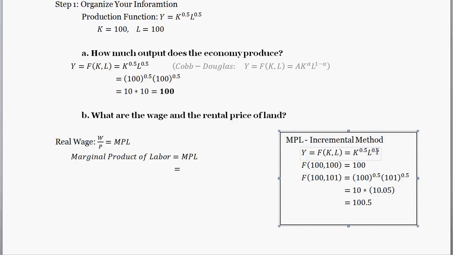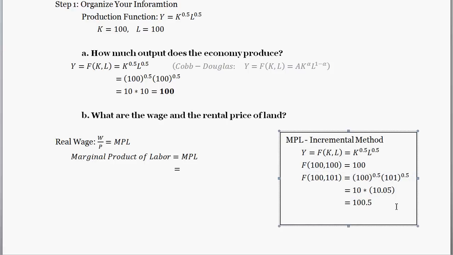You start with this production function, you plug in 100 capital and 100 labor, and we got the result of 100. And then you increase labor by 1, so now you have 100 capital and 101 labor. You churn it out, solve this through, and you now get an output of 100.5. So the value of adding an extra unit of labor is the difference between 100.5 and 100.